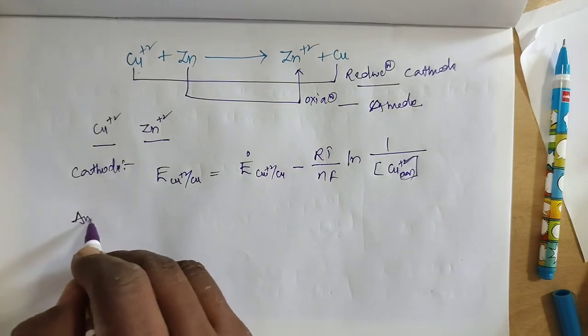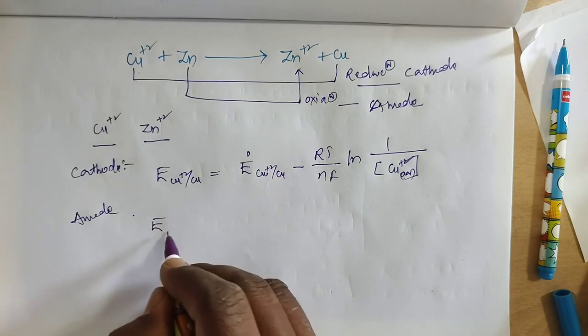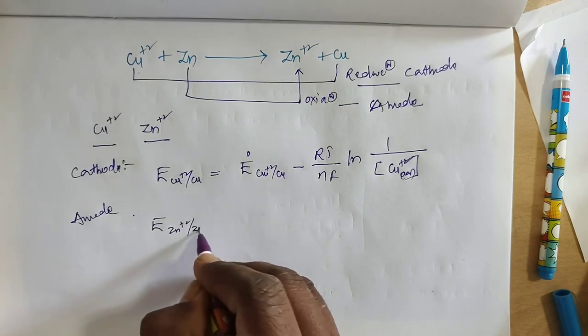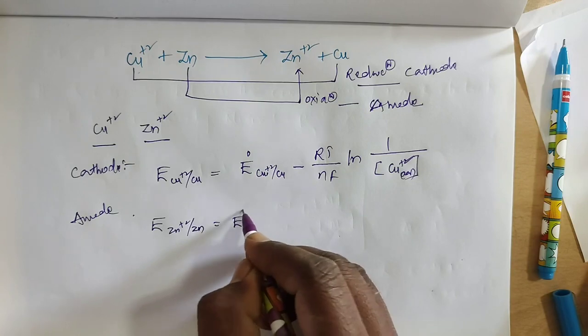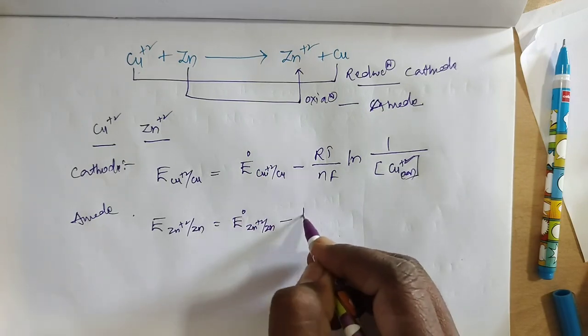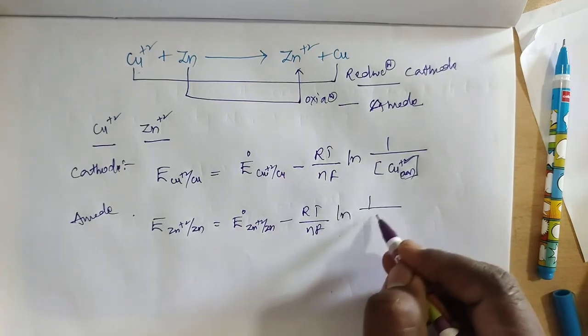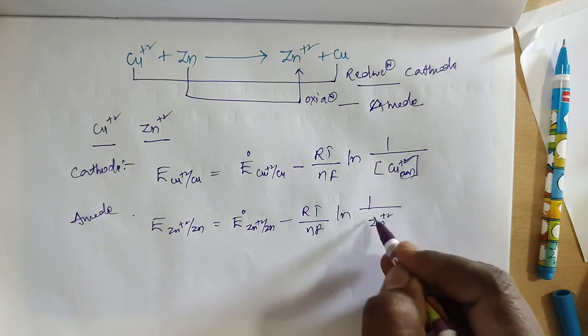For the anode, we take E of Zn plus 2 by Zn equals E0 of Zn plus 2 by Zn minus RT by nF ln 1 by Zn plus 2.